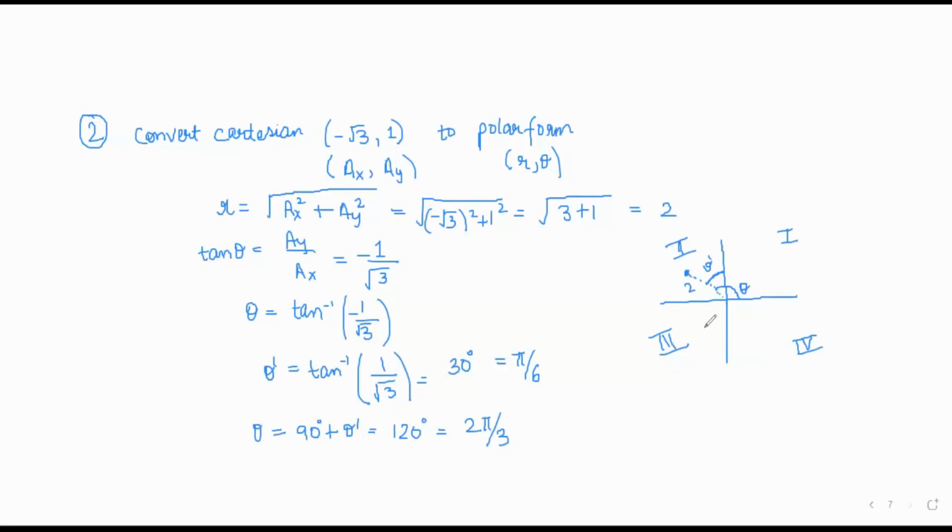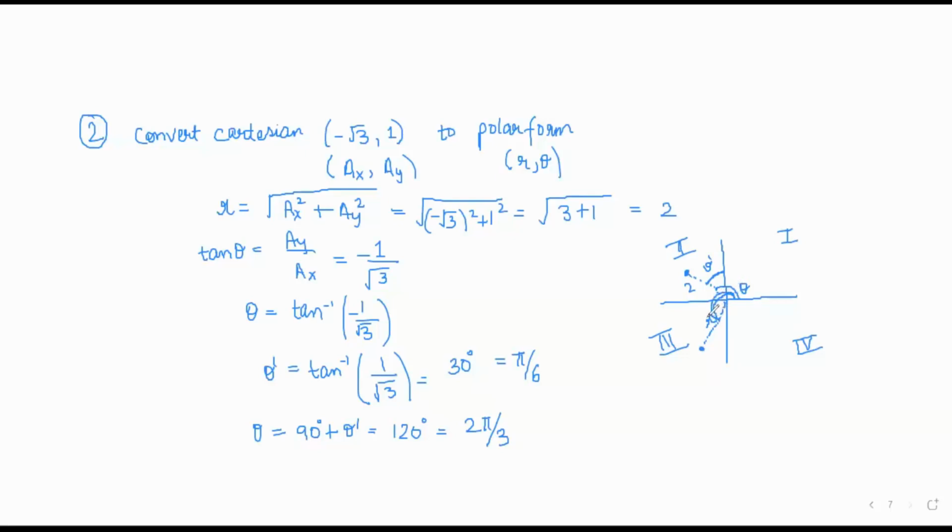Now suppose for some other arbitrary particle, the particle's position is in the third quadrant. We can simply calculate r using this formula. R can be known, but now we want this complete angle.